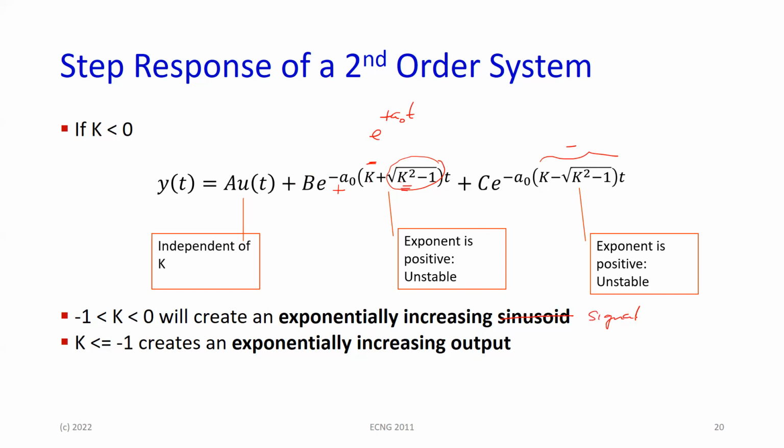Not so much a sinusoid, but an exponentially increasing signal, and the system will just go unstable on you, right? Here was specifically if this turned out to be complex, but I mentioned that before. Don't worry too much about it. The answer is that if k is negative, once k is less than 0, the output is going to be exponentially increasing. Okay, everybody with me?